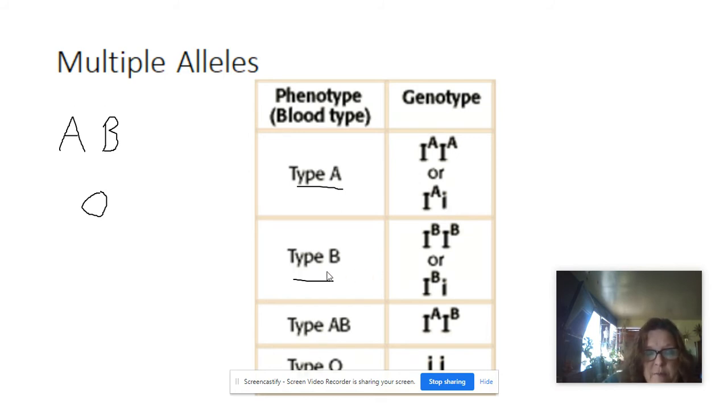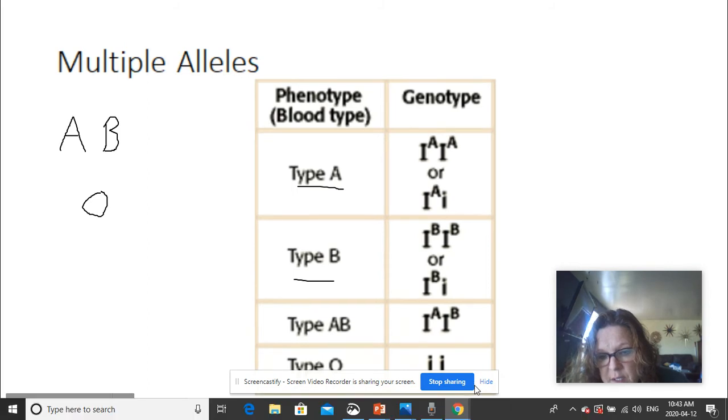Or you could have type B blood, in which case you could be homozygous dominant and you could have gotten a B from each parent. Or you could have a B from one parent and have gotten a recessive allele from another parent.